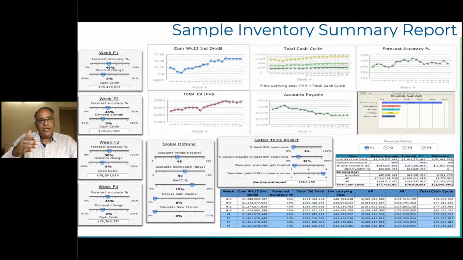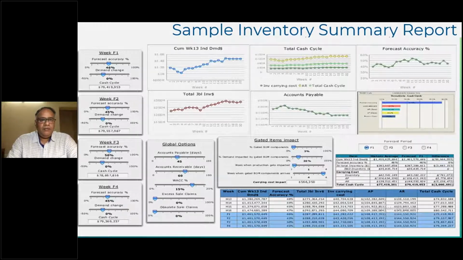And then how your total cash cycle is moving: at the extreme right at the top you can see the forecast accuracy floating around 40 to 50%. The whole model of your input-output ratio depends upon how your working capital is tied up in this scenario. It is just a replica of what we discussed in the earlier slides.